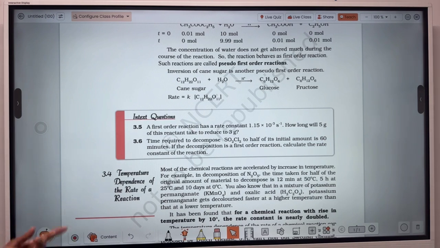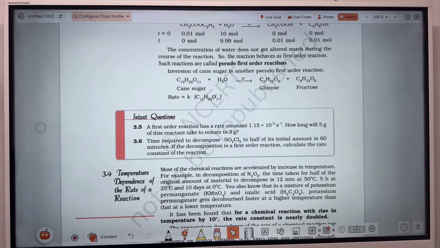Question number 3.5. Read the question carefully. So listen here, in the question it has been given that the reaction is a first order reaction and its rate constant has been given.